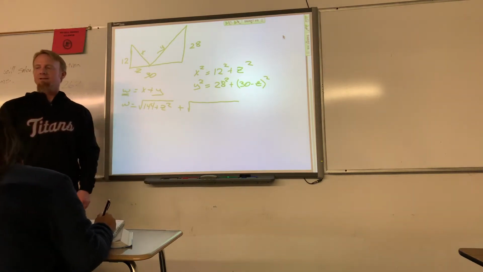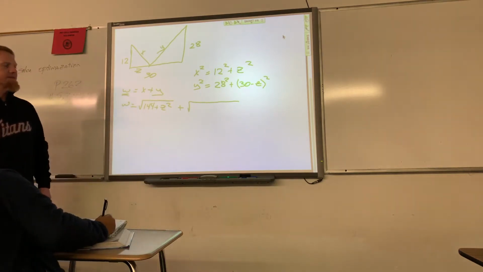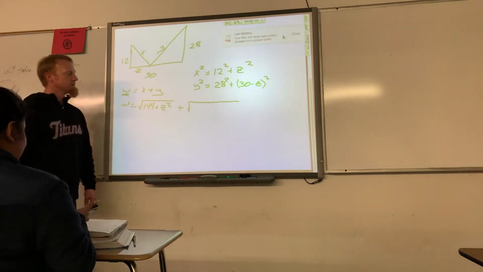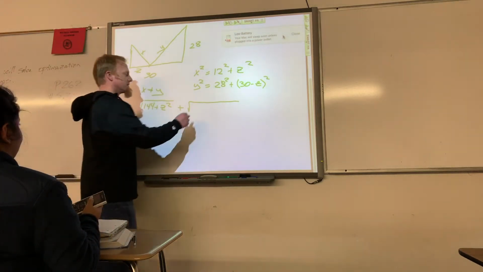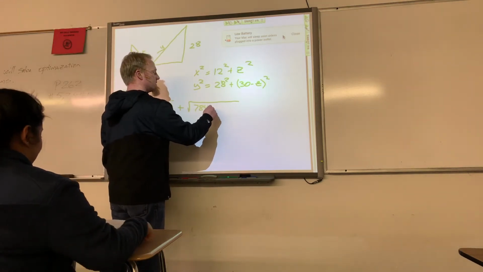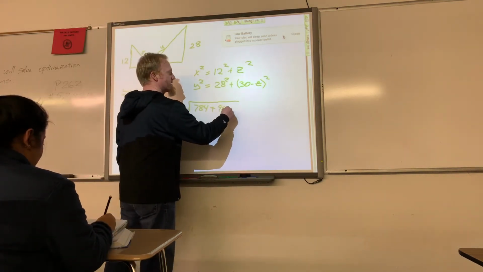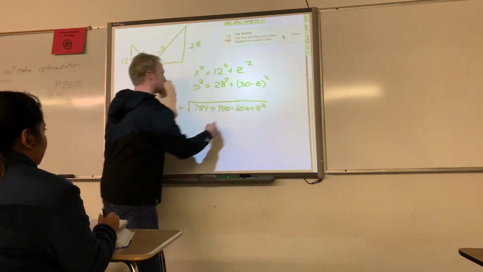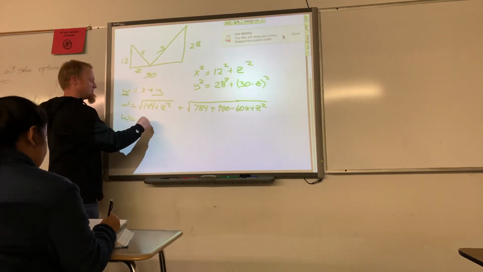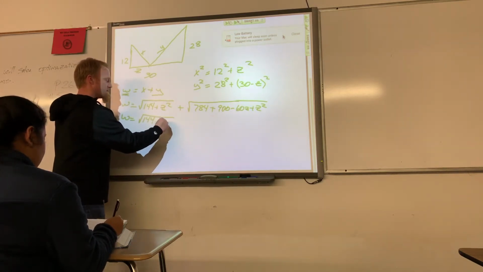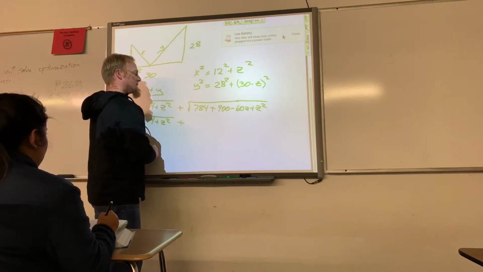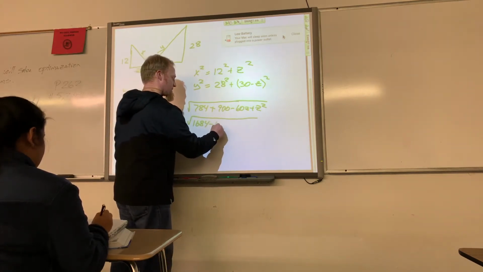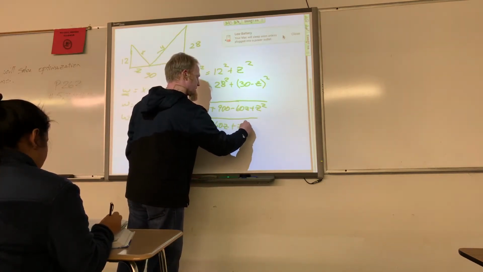Well, somebody's got a calculator, right? 784. And let's go ahead and multiply that out. That's going to be 900 minus 60z plus z squared. All right, so 1684 minus 60z plus z squared.